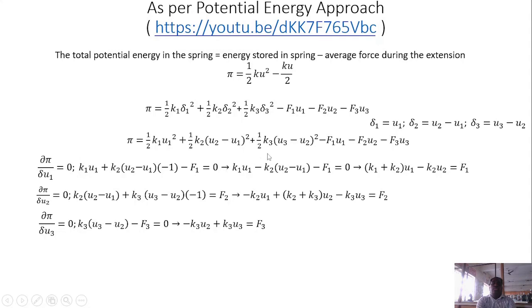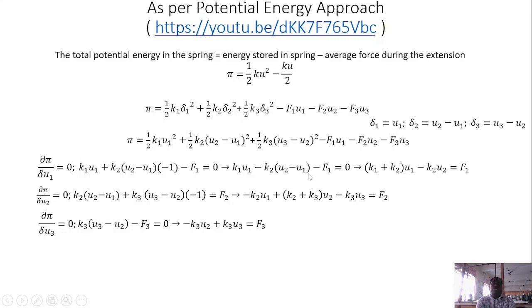So K3 into U3 minus U2 power 2, so with the same x power n formula, 2 into U3 minus U2 power 1 I got, so that 2 by 2 I cancel, so K3 into U3 minus U2 minus F3 is equal to 0 I got. From this I can simplify: minus K3 into U2 plus K3 U3 is equal to F3. Likewise I can get the equation.